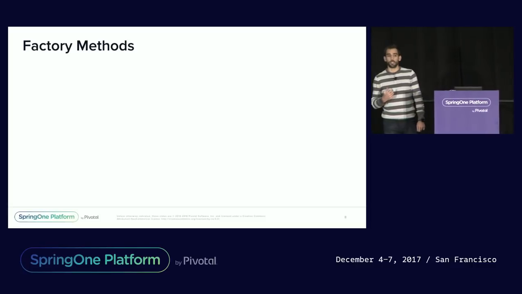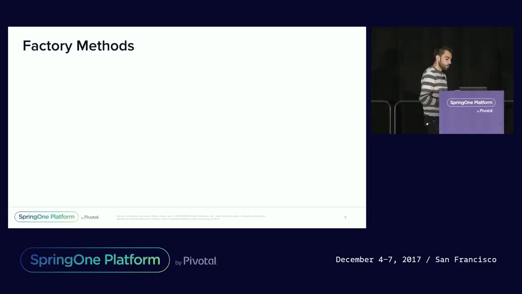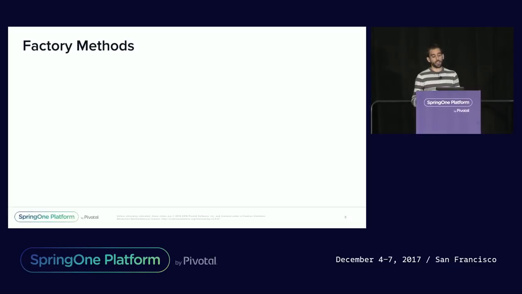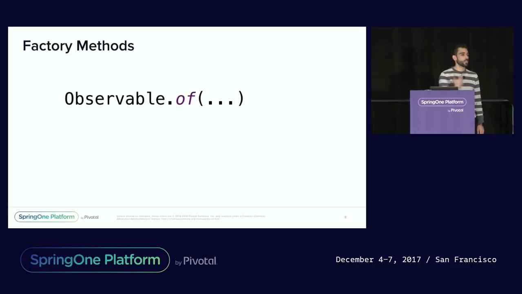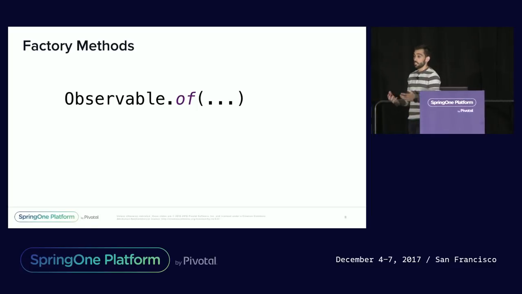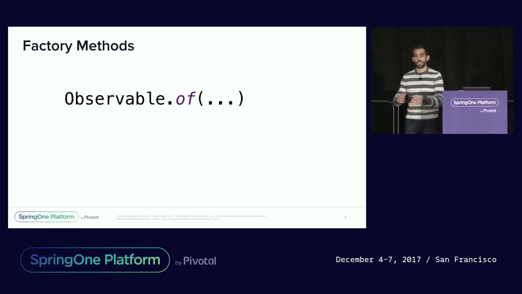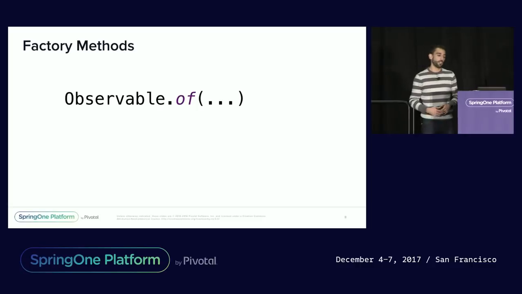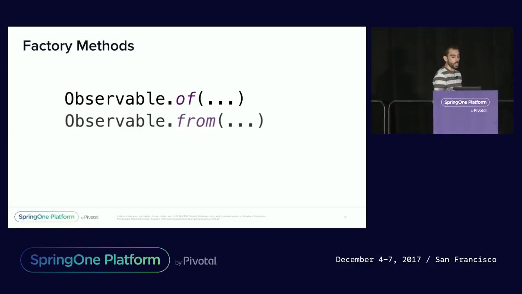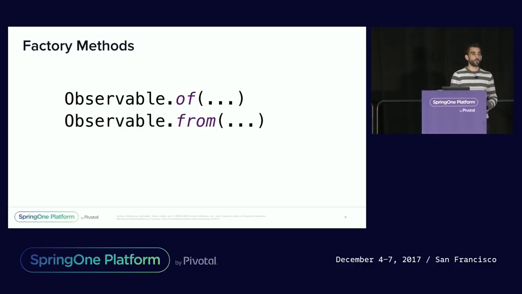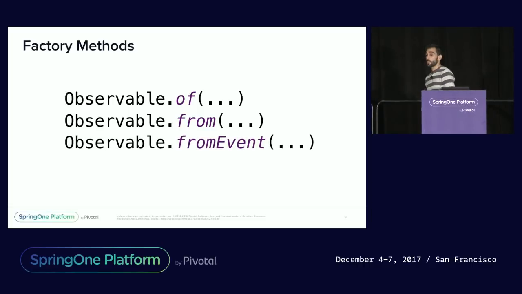Let's start by creating the observables. So RxJS offers you some factory methods that you can use to create an observable of, like, a static data source. It could be numbers, strings, anything you want, static. We could create an observable from maybe an array. We could create an observable from events. Those could be like mouse clicks, right?